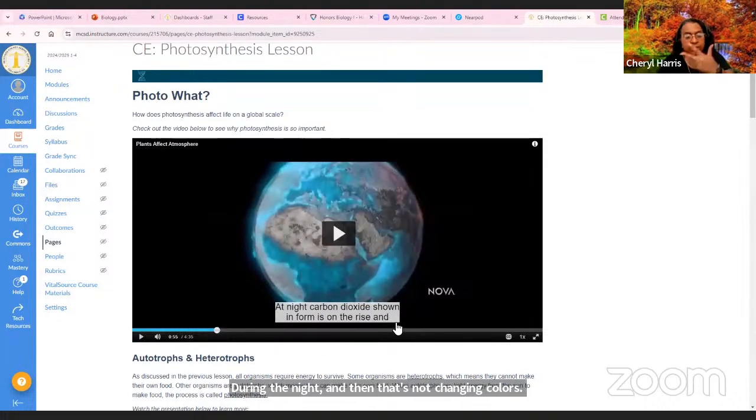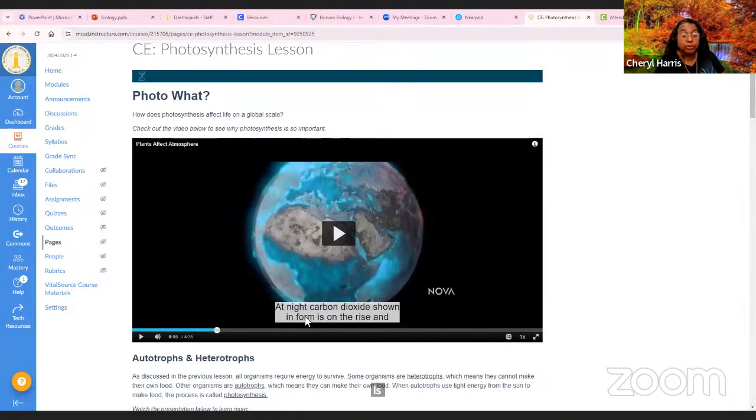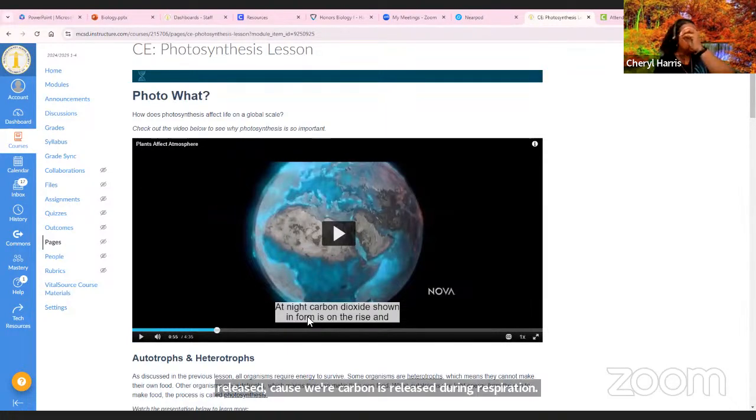But then it says during the night, you see more carbon dioxide, because carbon dioxide is released during respiration. So you're going to have a rise in carbon dioxide at night and a rise in oxygen in the day. Okay? Got that? All right, so make a note of that.